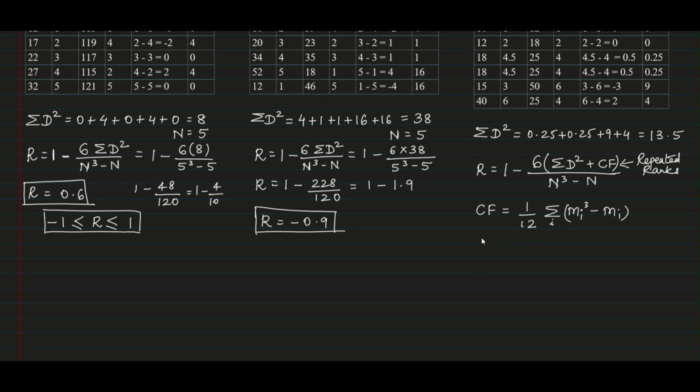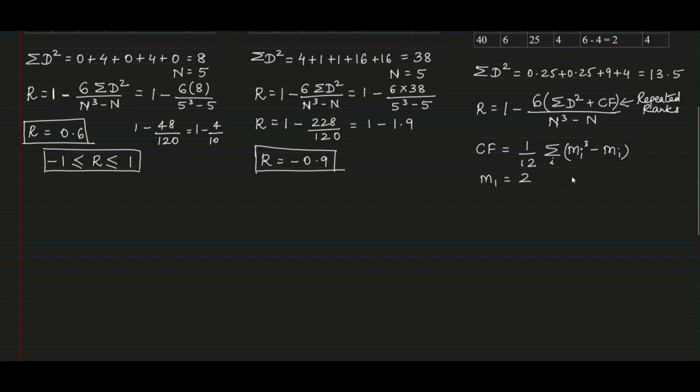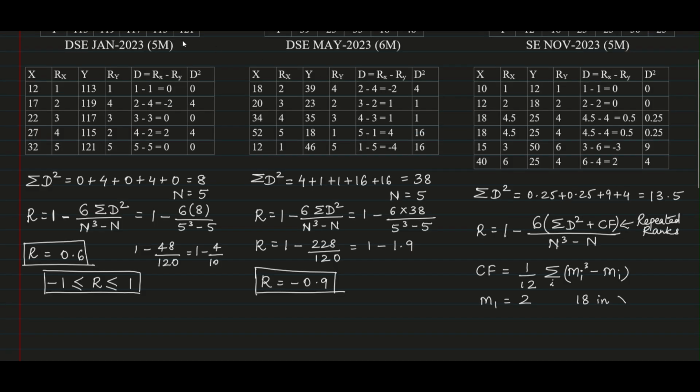Here there is m1 whose value is 2, corresponding to 18 in x. 18 is repeated twice, and 25 is repeated thrice, so its rank has been repeated thrice. So we have m2 as 3 for 25, which is repeated 3 times in y.